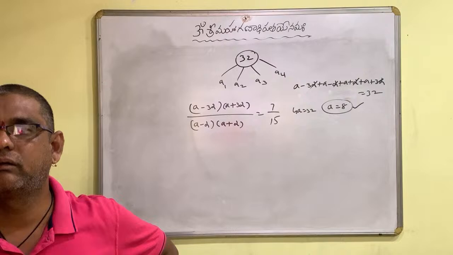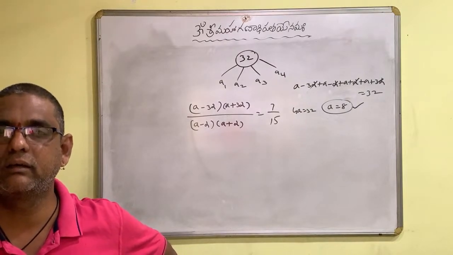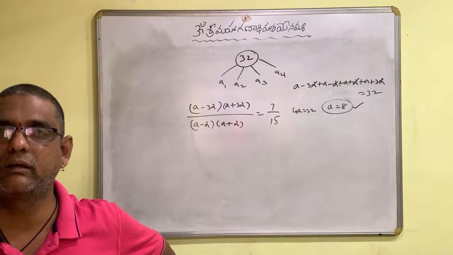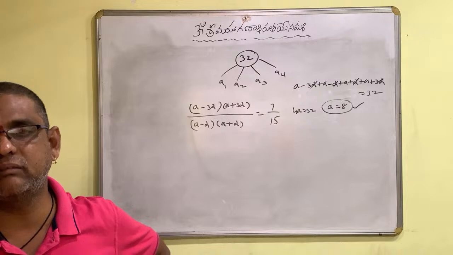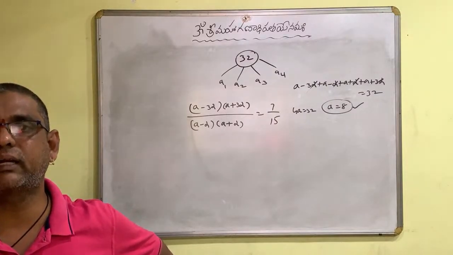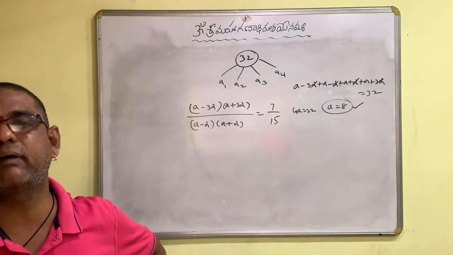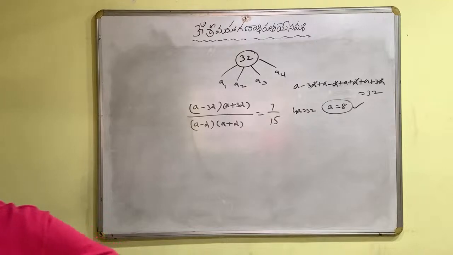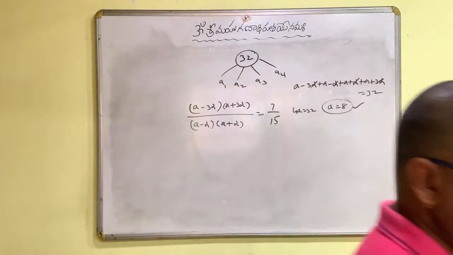Now, what is the second condition given? Product of first and last term divided by product of second and third term. That ratio is 7/15. We need to find out all the 4 terms. Do it fast.